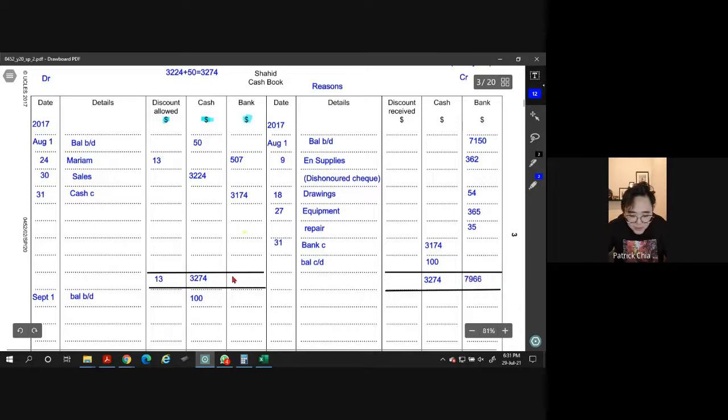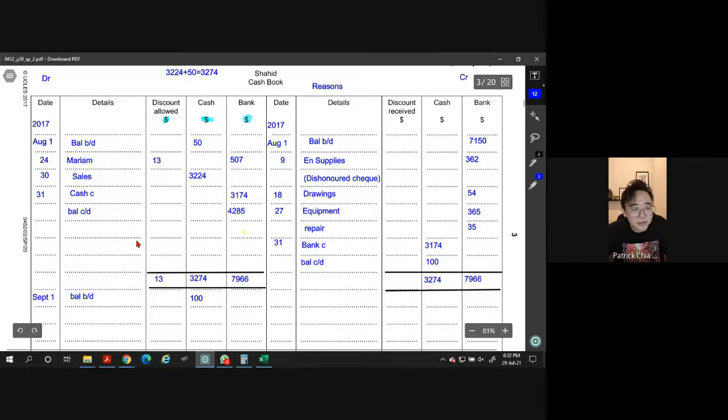Okay. So this side also same thing, 7966. And what is the balance number? 7966 minus 507 minus 3174. How much? 4285. Yes.